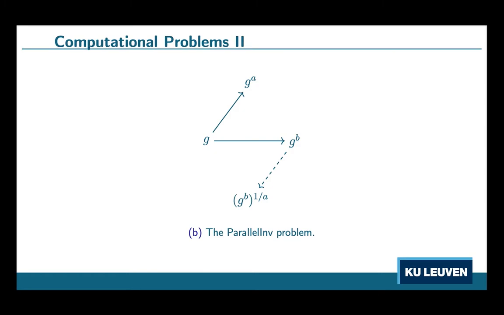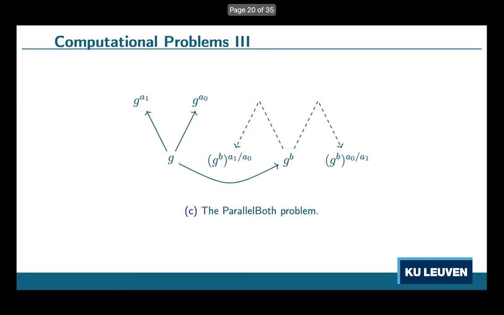For example, in a supersingular isogeny setting, this is not so clear. But because there is still the computation that involves an unknown mask, we conjecture that the hardness is the same. Then we also have the parallel both problem.